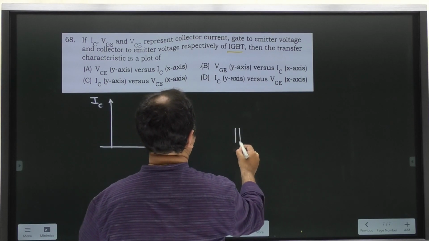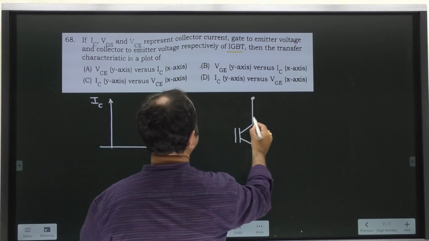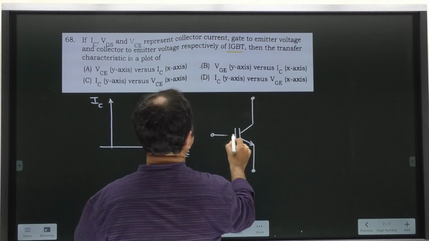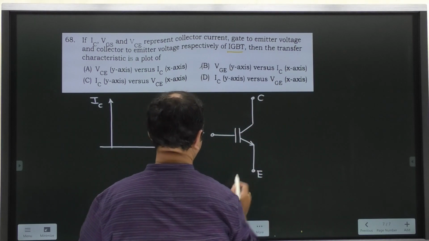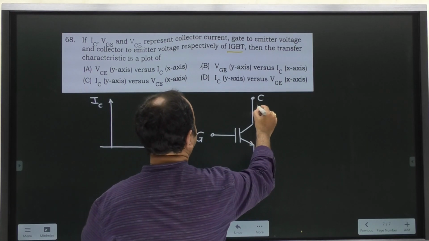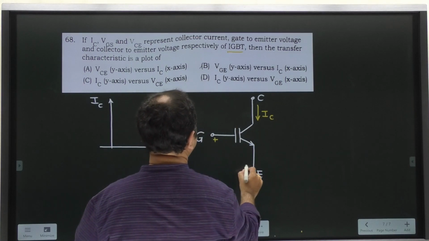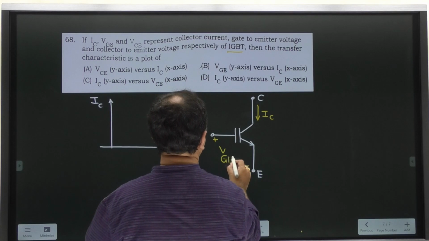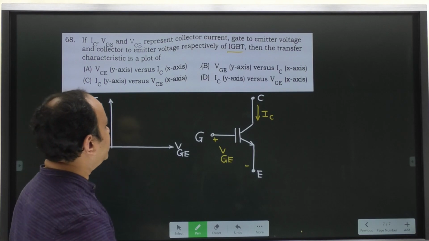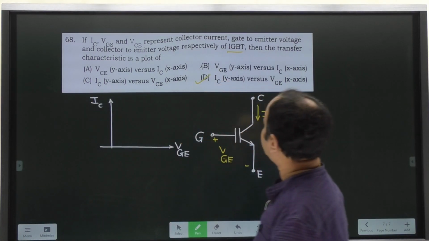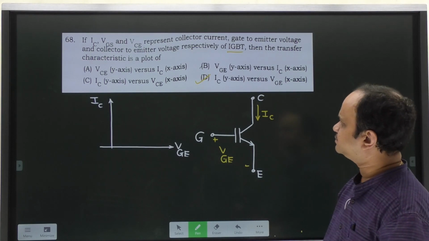Because if you look into the IGBT circuit symbol, this is the gate terminal, collector and emitter. So here IC is the output current, and the control voltage is the gate to emitter voltage. Therefore IC will be taken on the y axis, gate to emitter voltage will be taken on the x axis, and hence option D will be the appropriate answer for this question.